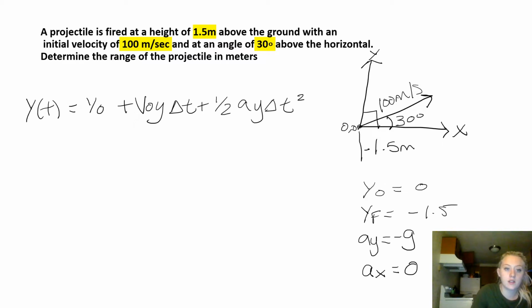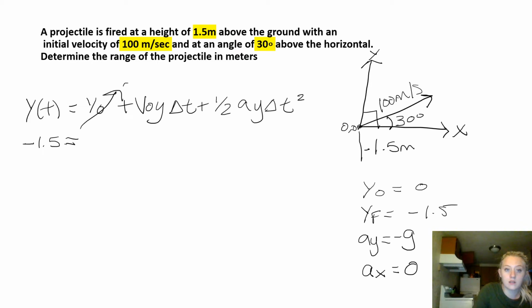Okay, so let's continue solving for our time. y of t is also y final. Keep that in mind, because when you plug in our time, you get the y final. So we're going to go negative 1.5 because we know it's going to end up landing 1.5 meters below where we're standing.